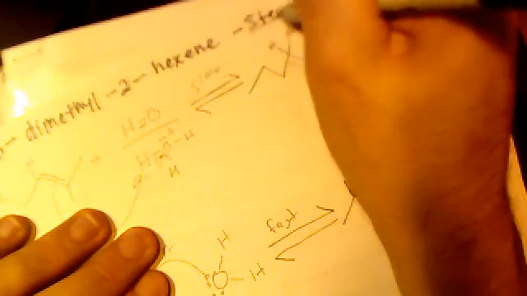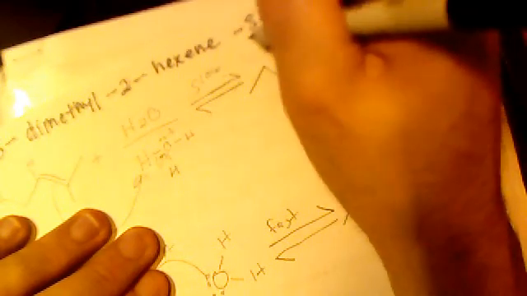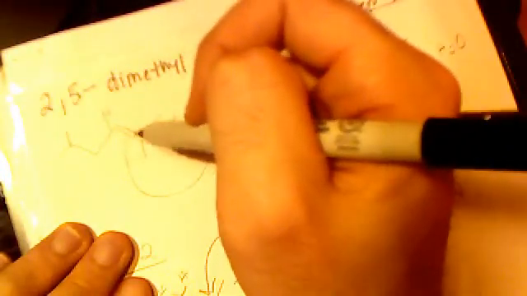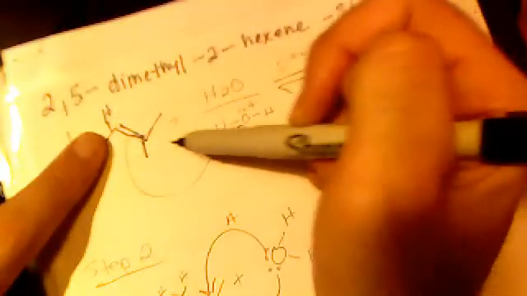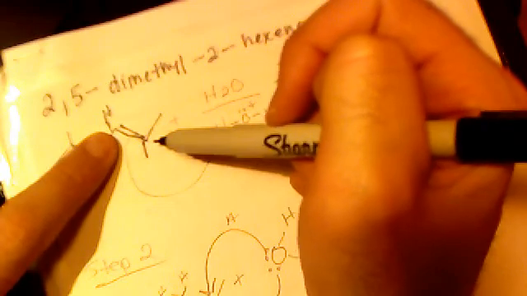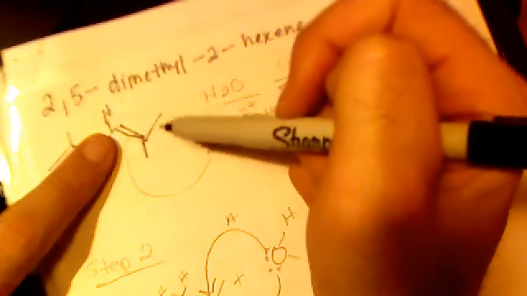So this is step 1, the addition, the breaking of the alkene. Let's just draw our molecule. I put the hydrogen here so I know this carbon has 1 hydrogen, this has none, so of course it's Markovnikov addition. So we know where this hydrogen is going to go.